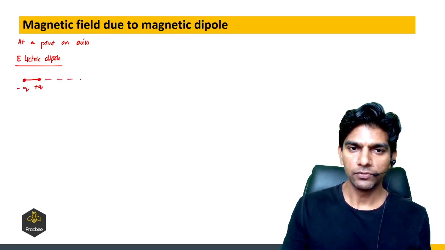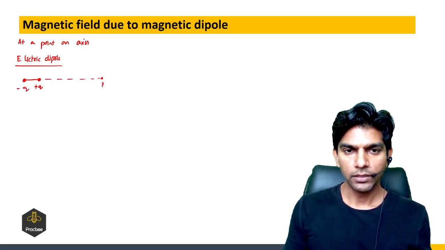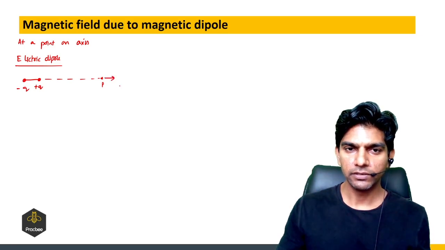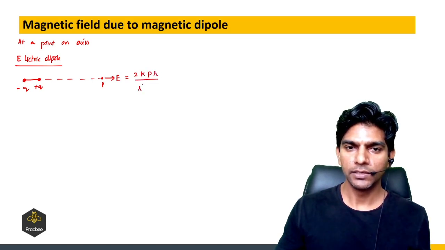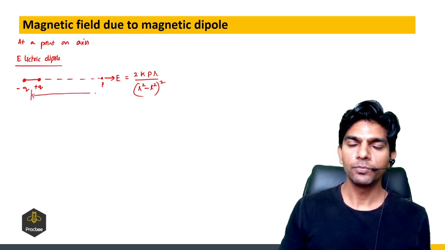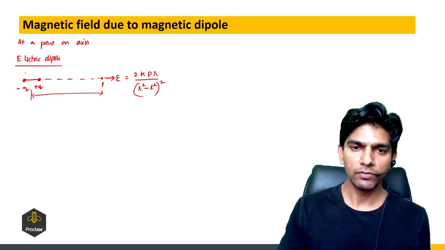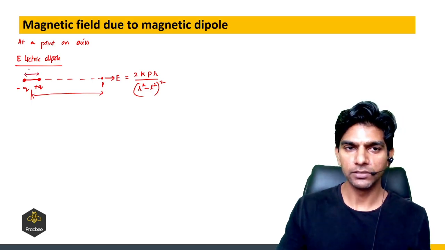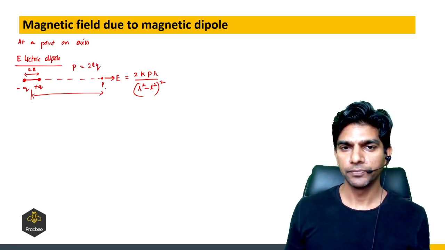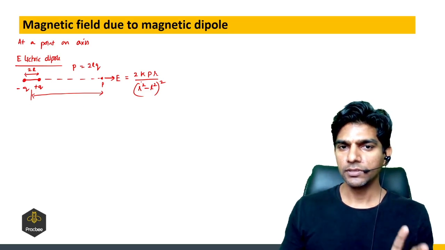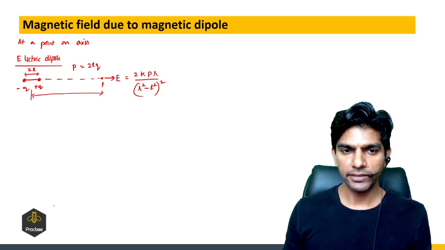And if I want to find the field at this particular point P, now this field for a general case will be 2kpr upon (r square minus l square) whole square, right? Where r is the distance of point P from the center of the dipole and where 2l is the distance between the two charges. And the electric dipole moment is 2l times q, right?